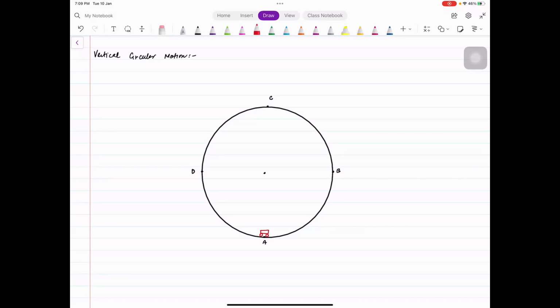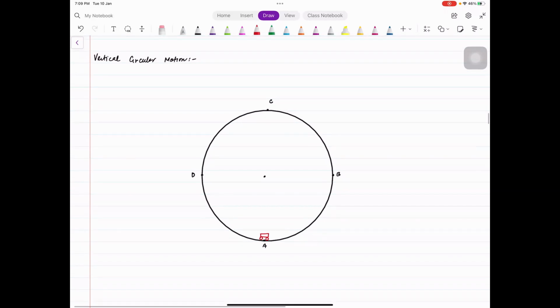All right. So at A, the weight of the object is going to be down, and the centripetal force, as you know now, always acts towards the center. So the centripetal force is being provided by the reaction force from the track onto the cart like this, right?